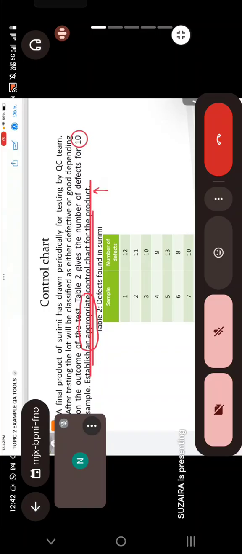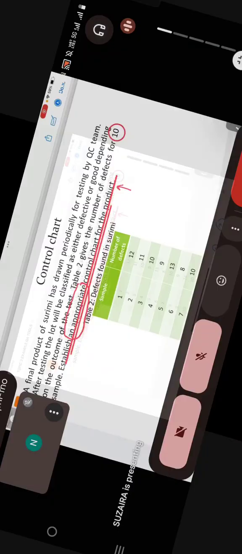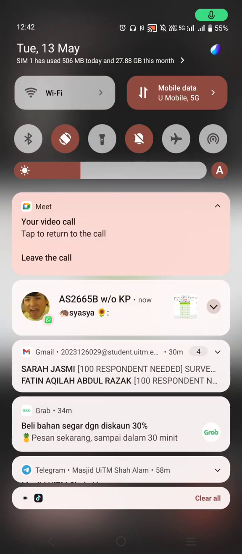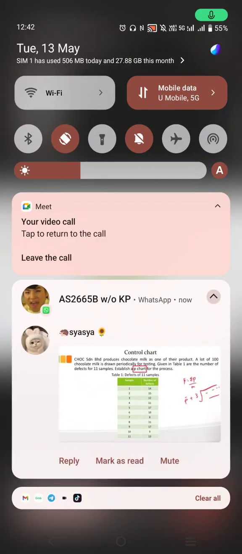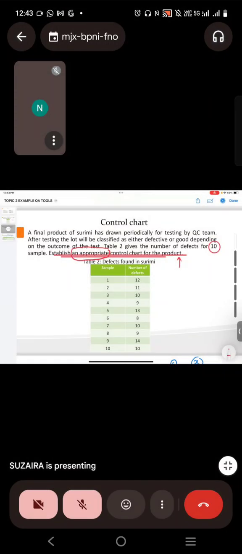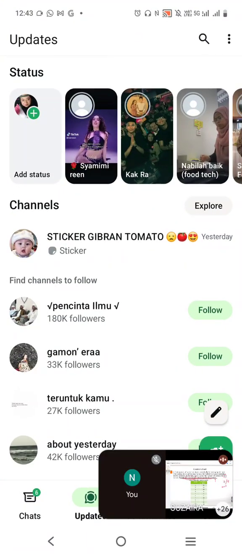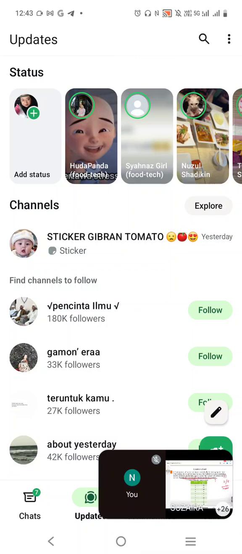So you can determine based on the points that you plot in between the UCL and LCL. Okay. But these questions also carry more or less 7 or 8 marks. Same as the Pareto just now.